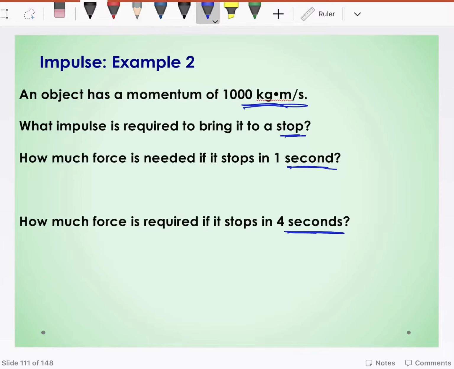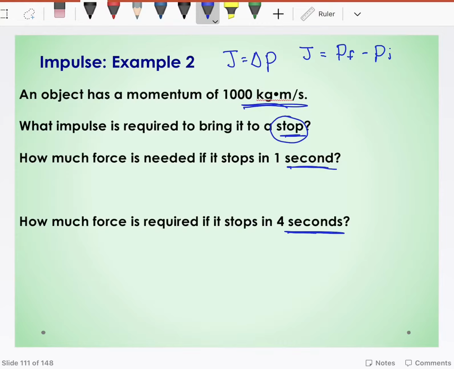All right, so what we have to think here is we know that impulse is equal to final minus initial momentum, right? Because impulse is equal to change in momentum. If an object has an initial momentum of 1,000 kilograms meters per second, and we're bringing it to a stop, that would mean final velocity is 0.